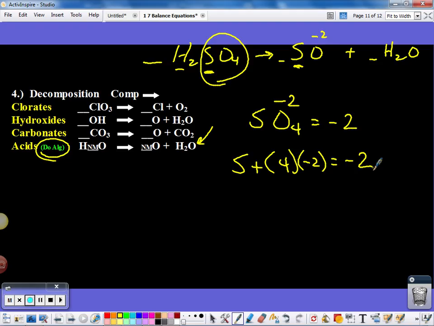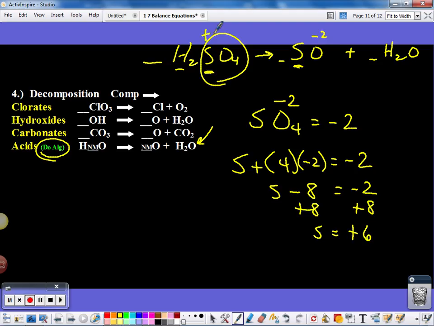So, S minus 8 equals -2. Somebody from first period said, what do you do next? Do I add 8 to both sides? Yeah. You know, y'all passed that algebra test. You should know that. So yes, I'm going to add 8 to both sides. And S is equal to plus 6.